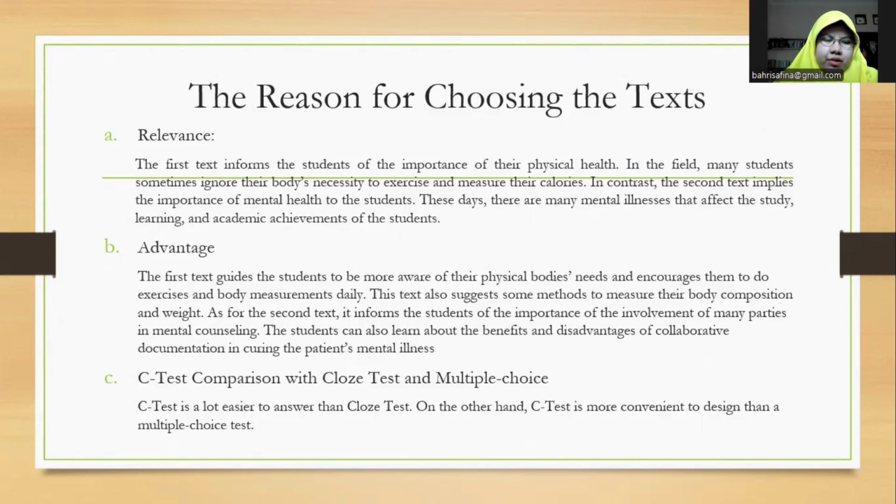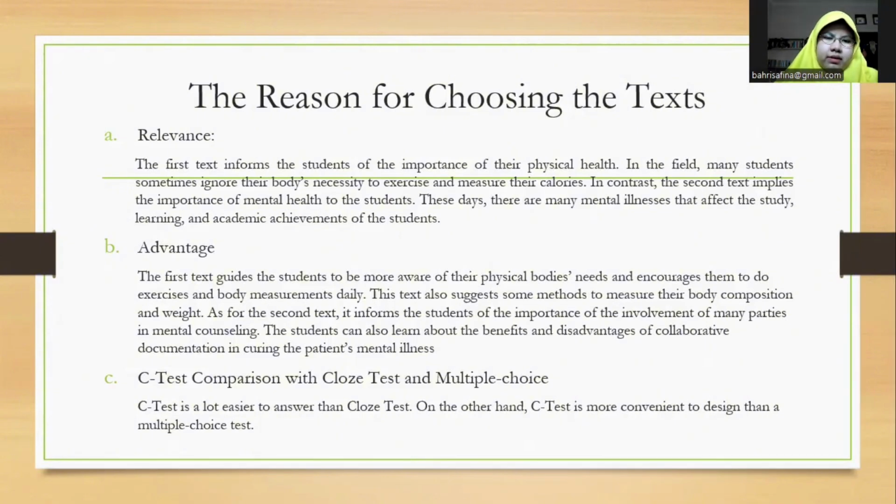The advantage of the 2 texts is that the first one builds self-awareness inside the students about the importance of exercising and body measurement. The text also suggests some methods in measuring body composition and weight.